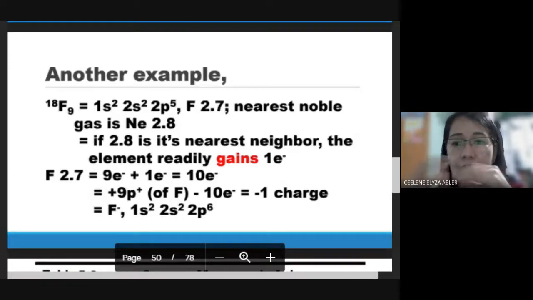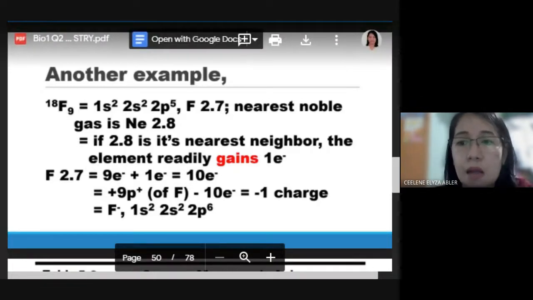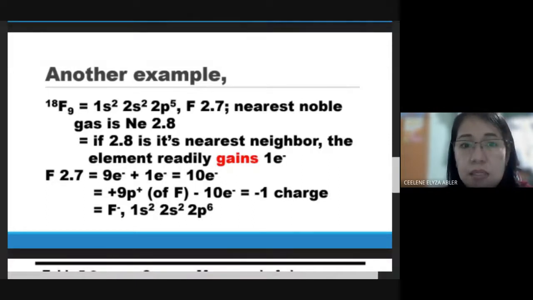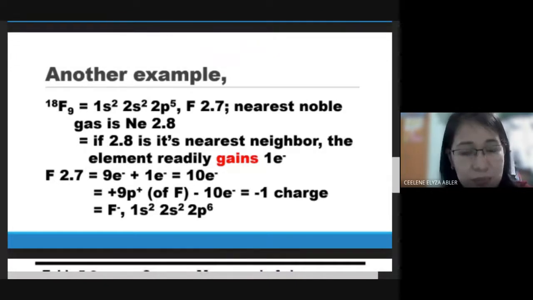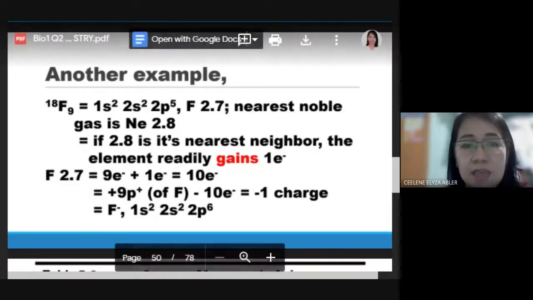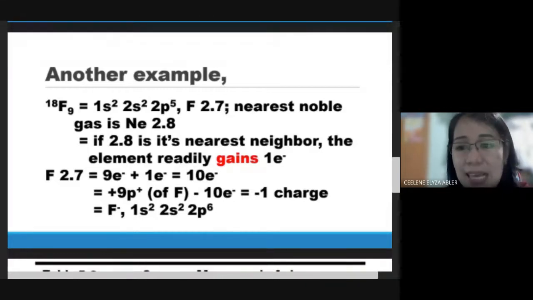So it is already a compound. Here is another example. It gains 1 electron, so most likely it will become negative. Earlier, it loses an electron, so it becomes positive. If it gains an electron, it becomes negative.